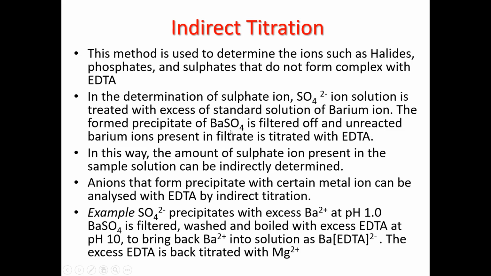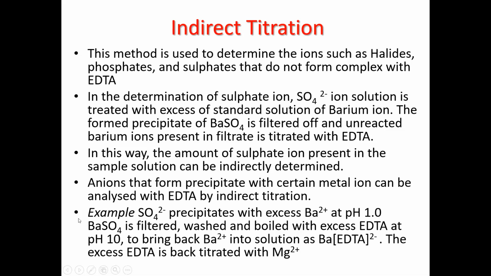So the concentration of your sulfate ion can be indirectly determined. So anions that form precipitates with certain metal ions can be analyzed with EDTA by indirect titration. The example I've said before is the sulfate ion. It precipitates with excess barium ion at a very low pH.